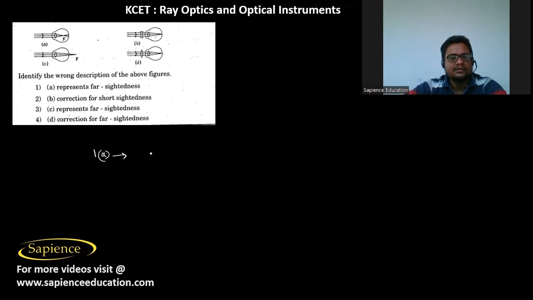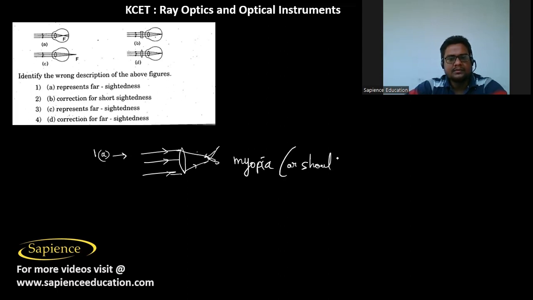The first one shows that the rays coming from a far away object are converging before the lens. It means that it is called myopia or short-sightedness. So it is not farsightedness.